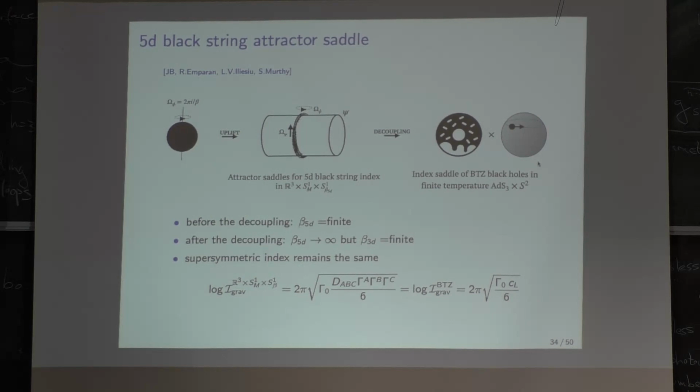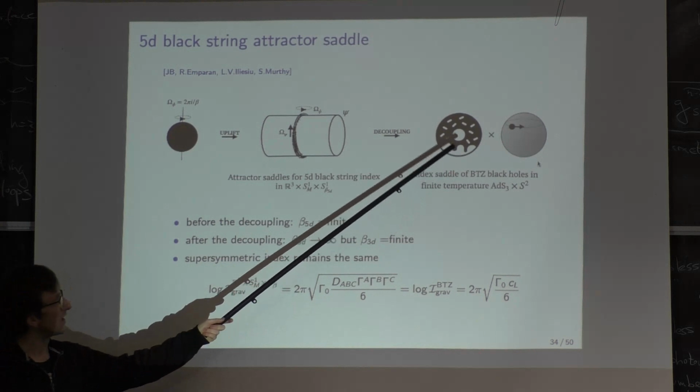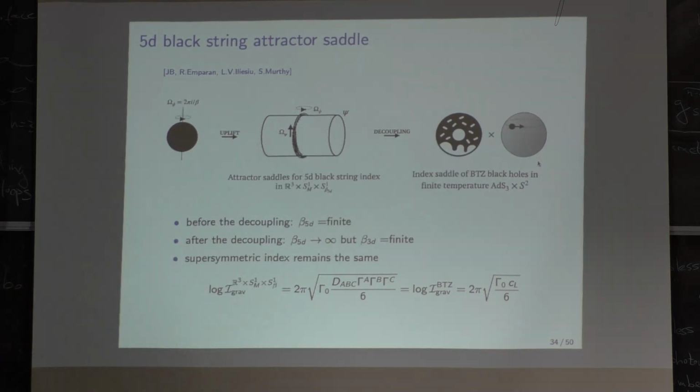Now, as I pointed out, the supersymmetric index remains the same throughout all of these steps, and so from this we have found the corresponding index saddle for the MSW CFT, which was previously unknown.